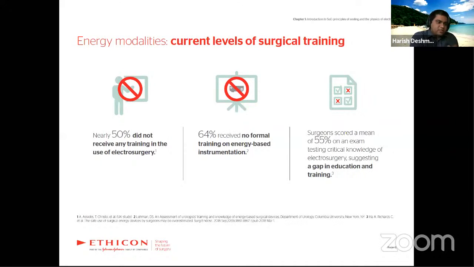Among surgeons, overall, we have a chapter on biophysics in our curriculum, but there is a survey which was done in the USA. It showed that more than 50% of people don't have a formal training on energy-based instrumentation. And when normal questionnaires were given to them, they were not able to answer even 55% of the questions.